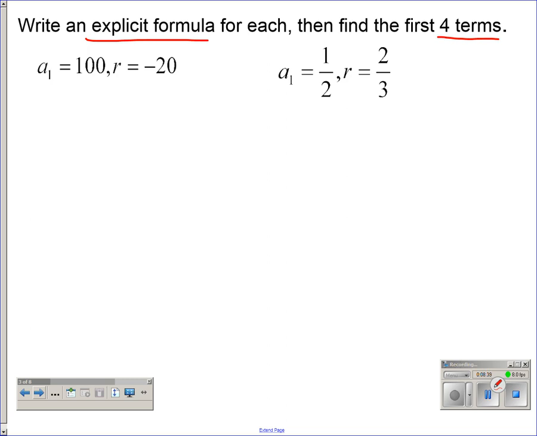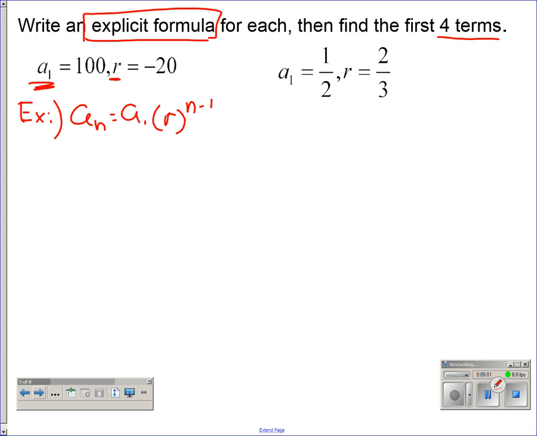If you're ever writing the explicit formula, you only need to know 2 things: your a sub 1 and your r value. If you know those 2 things, you just plug them in and you've got your answer. Generically, a sub n equals our first term times our rate to the n minus 1.